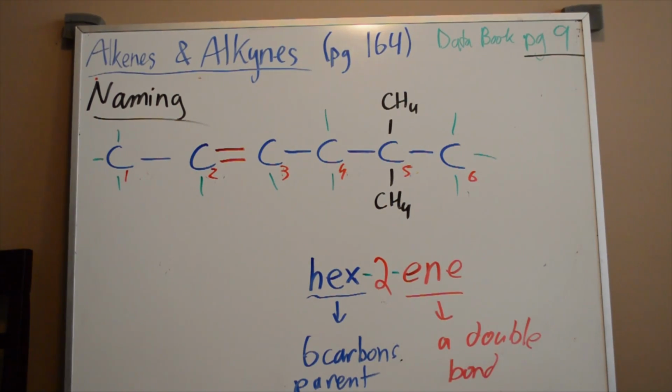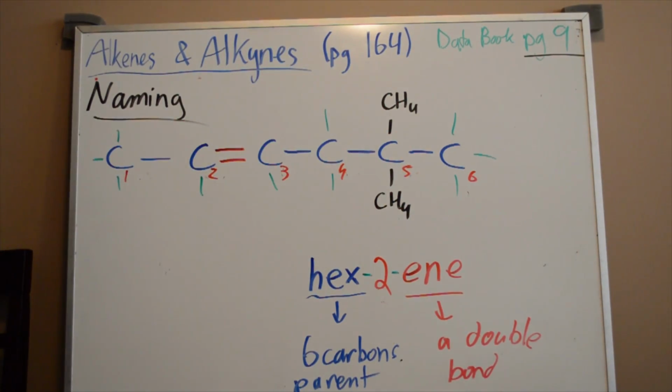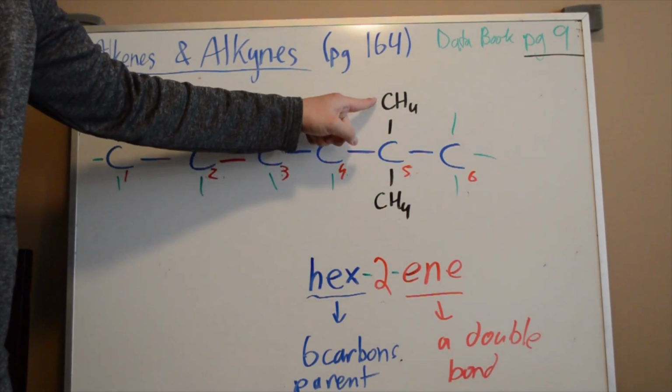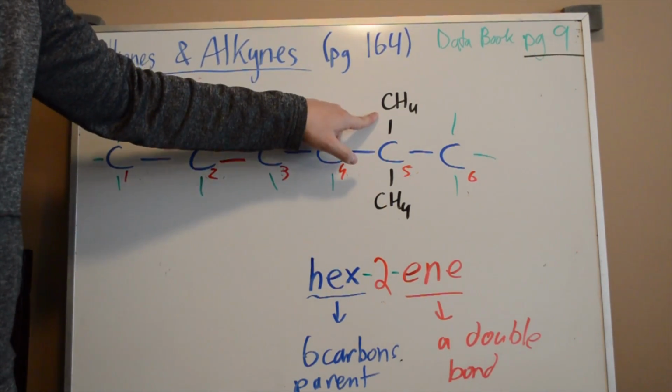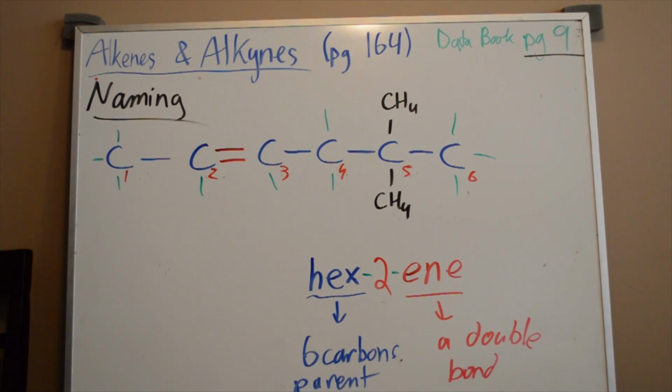No, we're not. We still have to put in the fact that we have 2 of these branches on the 5th carbon. First of all, what are these branches? These are single carbon branches, CH3. How do we name the branches?